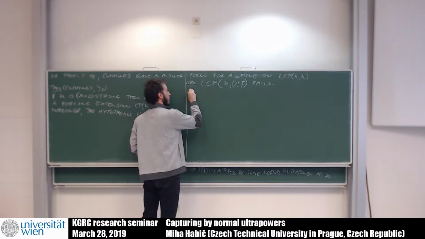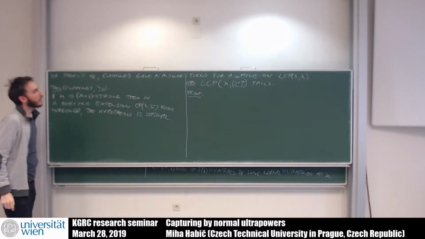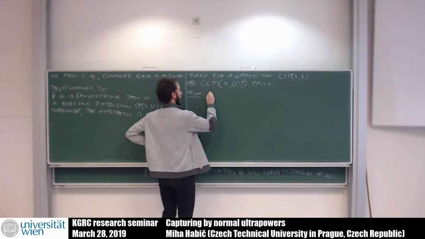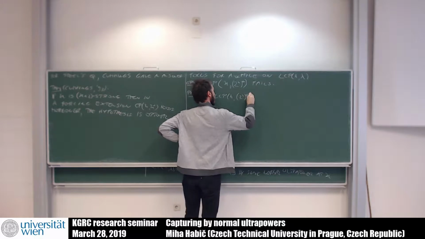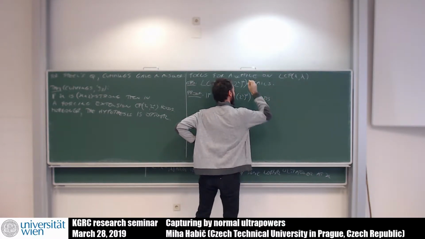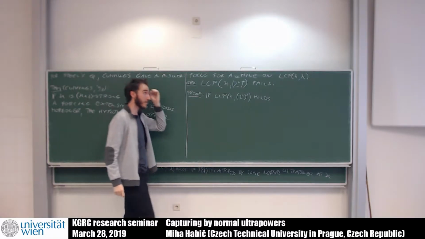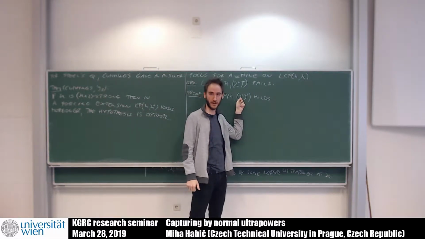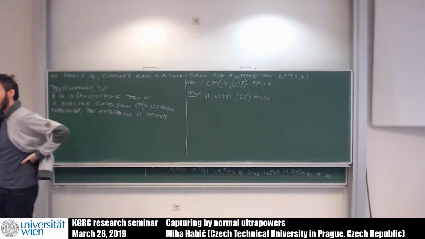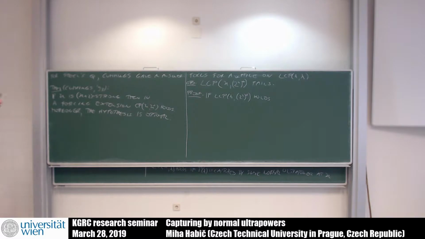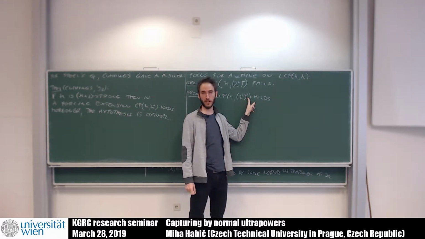Okay, why is this true? Let's see. Well, if this held, okay, what is an interesting subset of 2 to the kappa plus that I can capture? For example, I can make a normal ultrapower that is correct about all the cardinals up to 2 to the kappa plus, right?